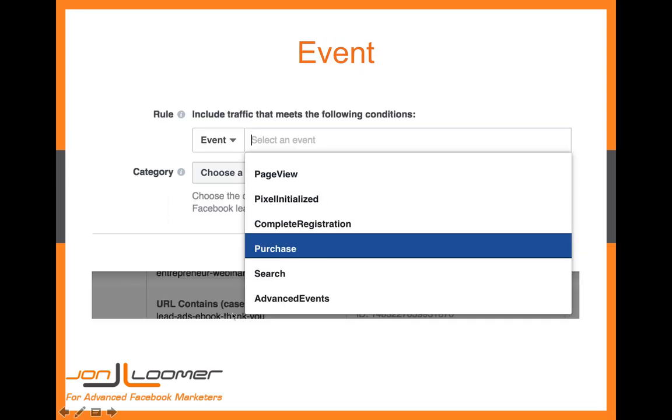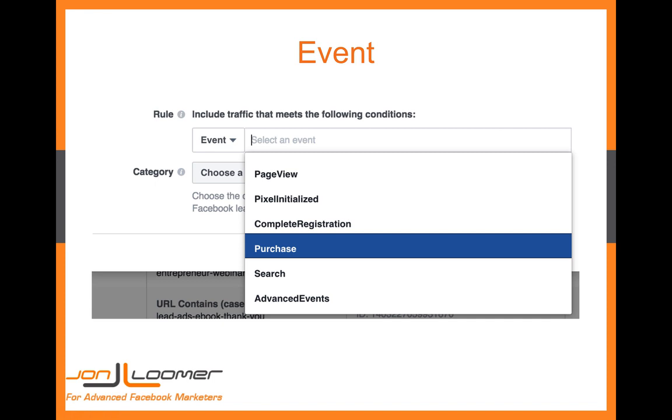And then you do have event. So when you select an event, you could do page view purchase, but you already have an event for purchase. So it doesn't really make sense to also create a custom conversion. I mean, unless someone can think of something that I'm not thinking of.